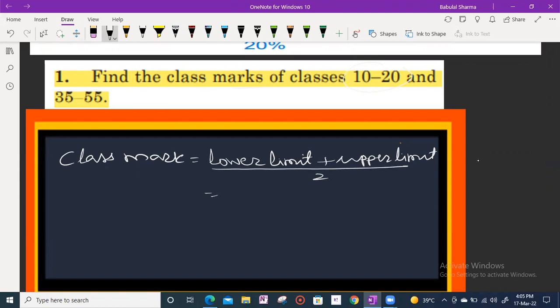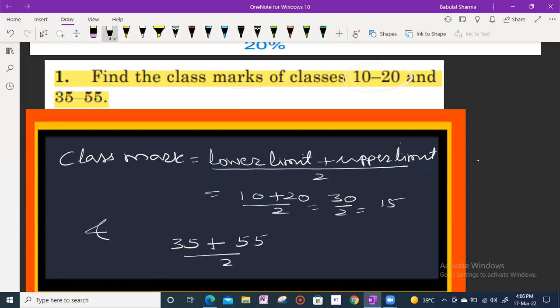For the class 10 to 20, the lower limit of the class is 10 and the upper limit is 20, divided by 2. So that is 30 by 2, which is 15. So the class mark of the class 10 to 20 is 15. And for the class 35 to 55, the lower limit is 35 and the upper limit is 55, divided by 2.